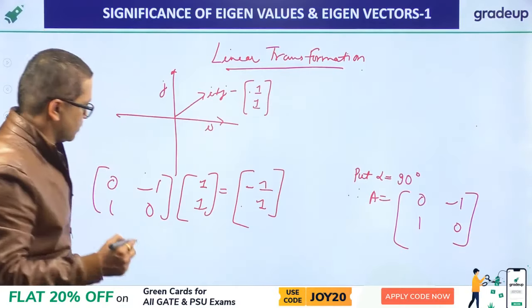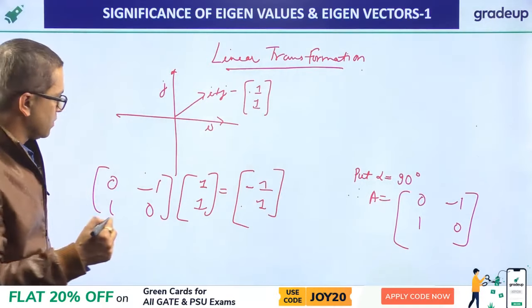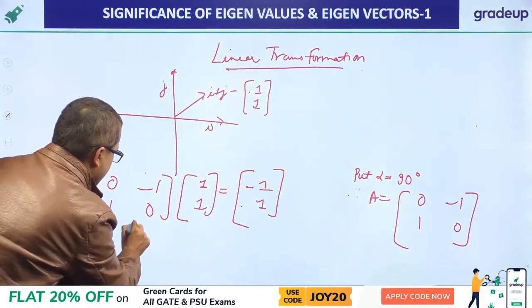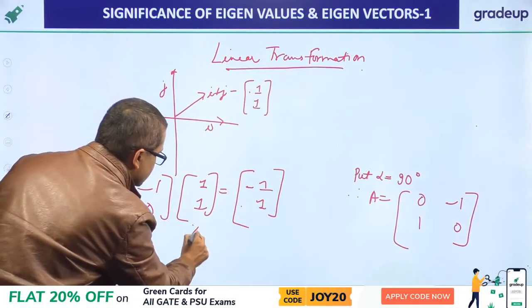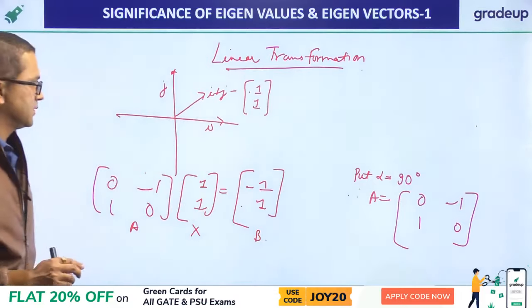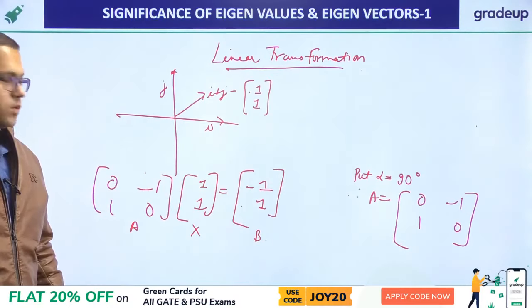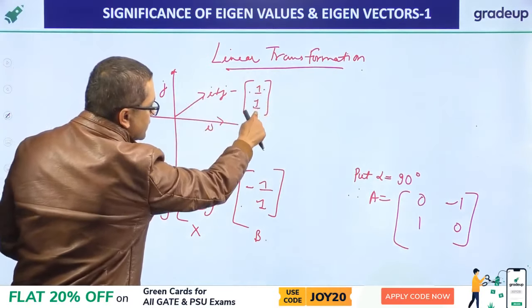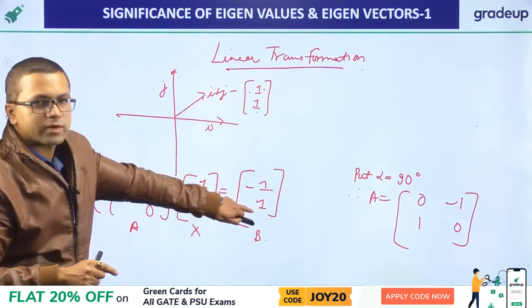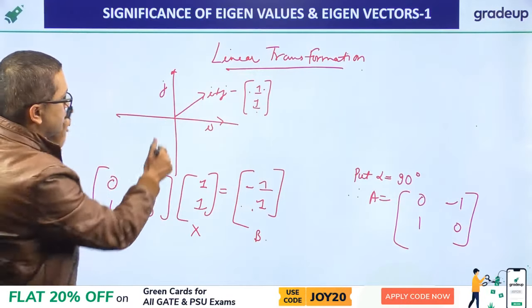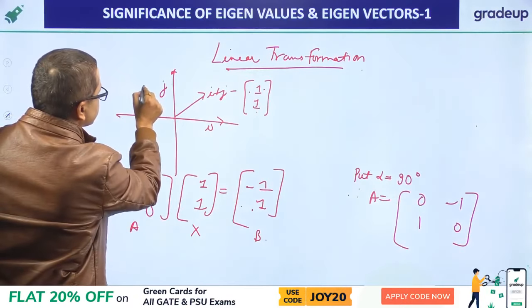Fine. So this is A, this is X, this is, let's say, B. This was the vector that we started with. Now, can you plot this vector in this two-dimensional space? It would come somewhere over here.